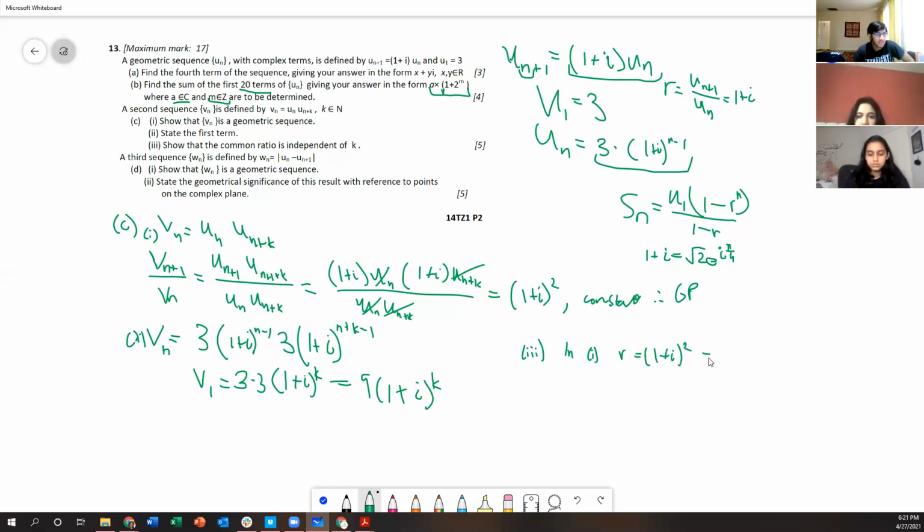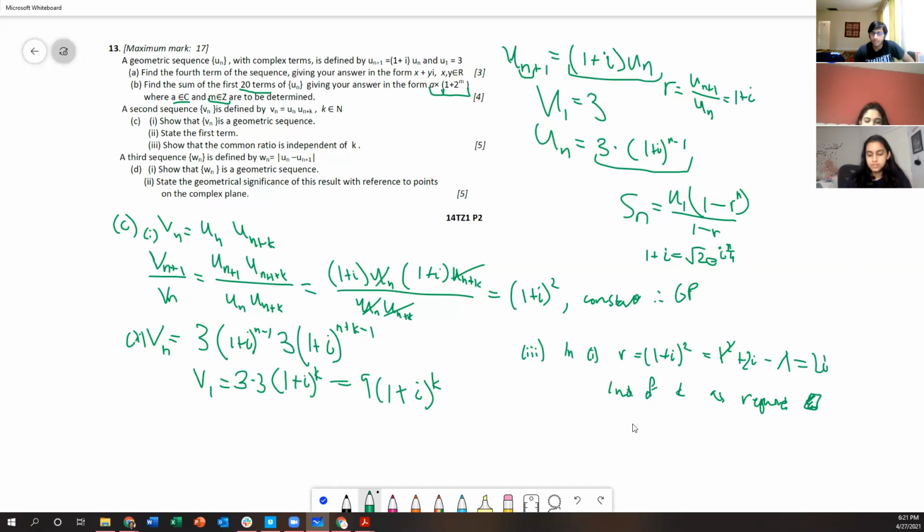And that's just going to be 1 squared plus 2i plus i squared, which is minus 1. So these will go away. The common ratio is 2i, which is independent of k, as required. That's what they asked us to show, and we've shown that.